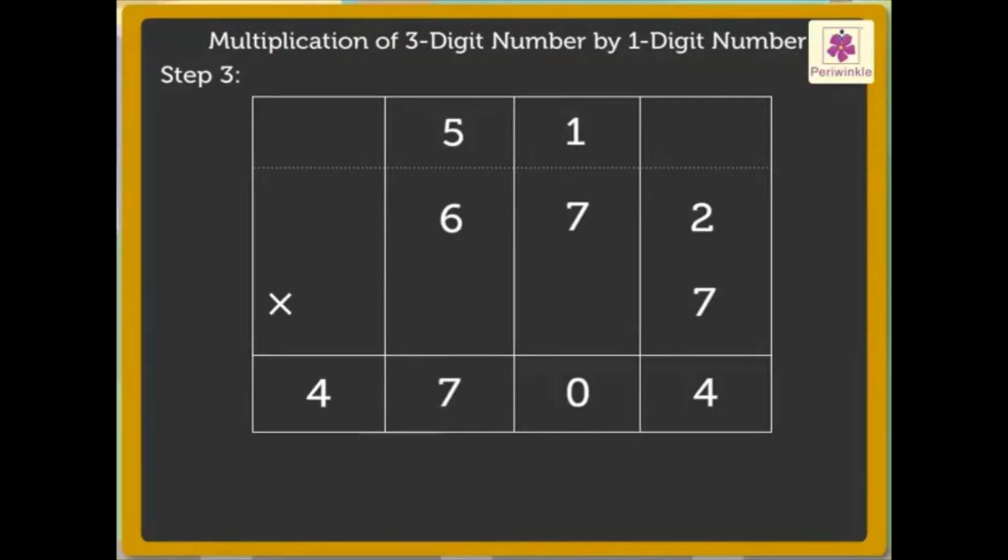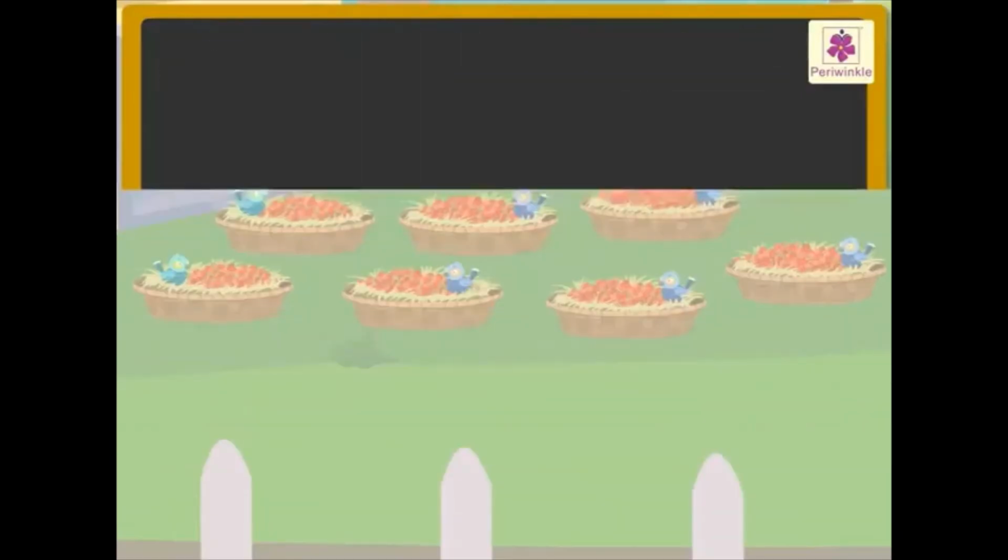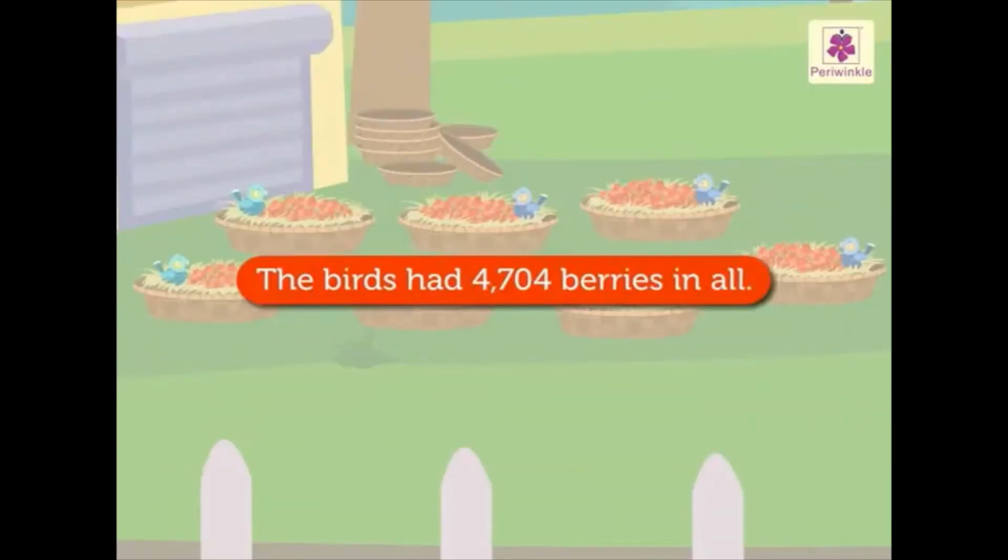We found the answer. Yes, it is 4,704. The birds had 4,704 berries in all.